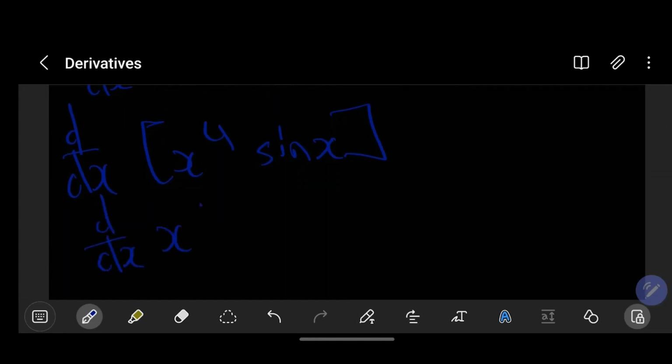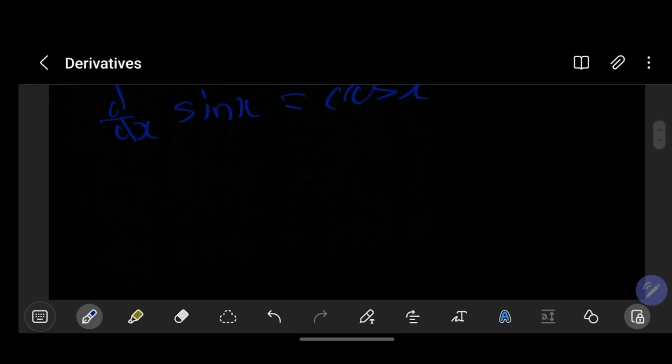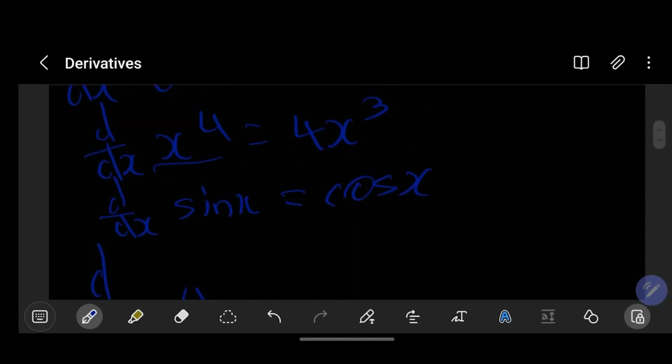d/dx of x to the 4 is equal to 4x cubed, and the d/dx of sine of x, from our trig rules, we know that that's equal to cos of x, right? And we also proved it. So we can now find that d/dx of x to the 4 sine of x is equal to, f of x here we made equal to x to the 4, and g of x we made sine of x.